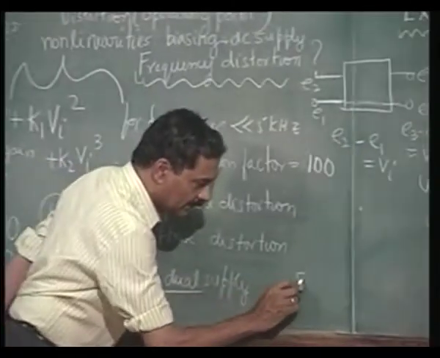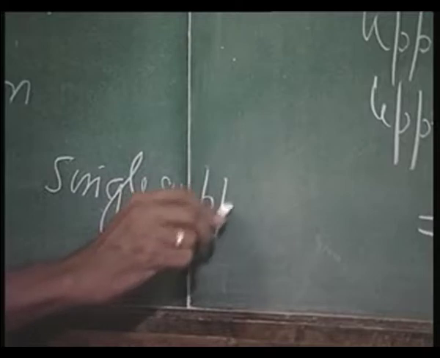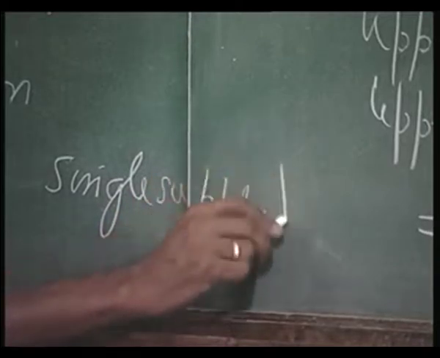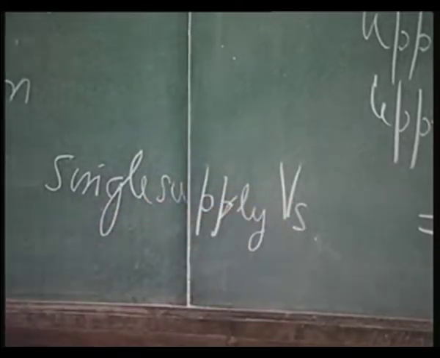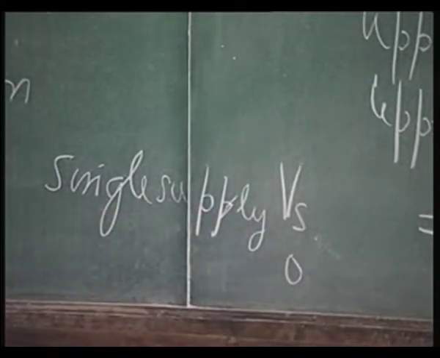We can have a single supply, then it will be Vs and ground 0, or minus Vs and 0.